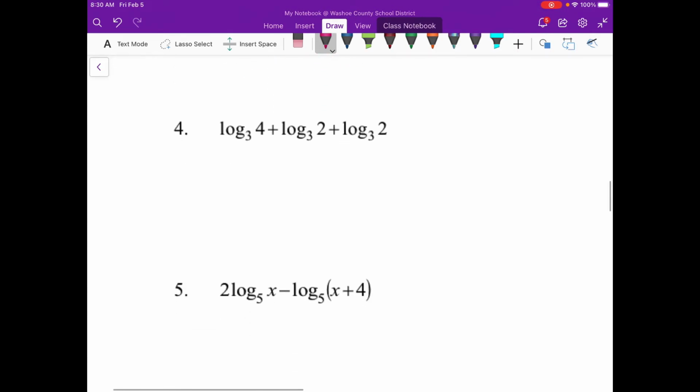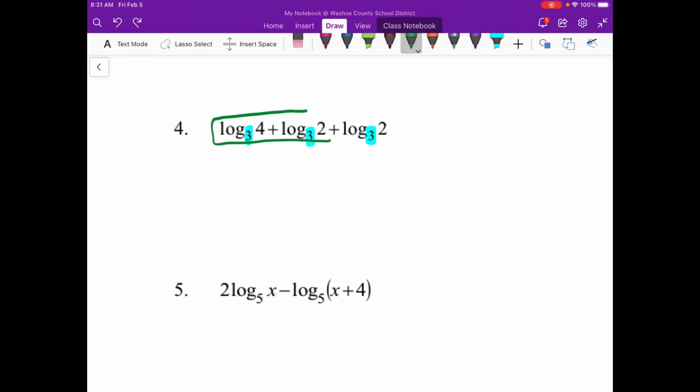Now, number 4 is a little bit longer. So first thing I'm checking, are they all the same base? That's going to make my life easier. Right now that we are just condensing, we're not going to give you different bases, okay? So making sure they're all the same base. Then I see that they're all being added. So just to make this easier on you, just take it 2 at a time, okay?